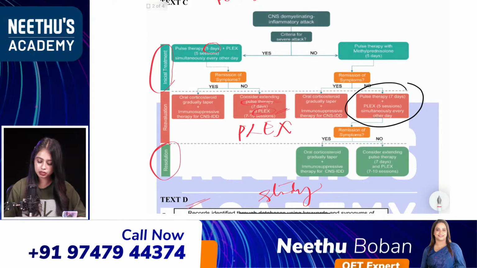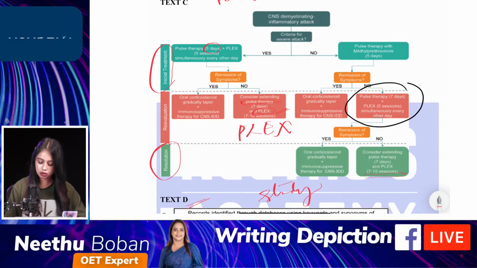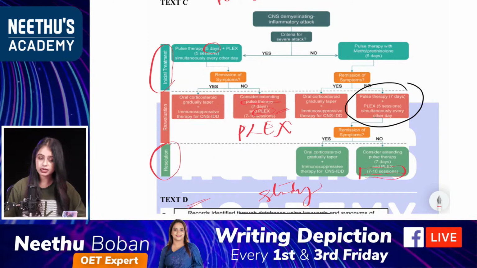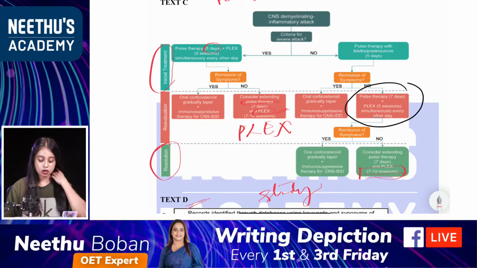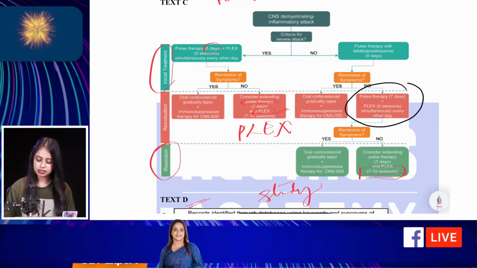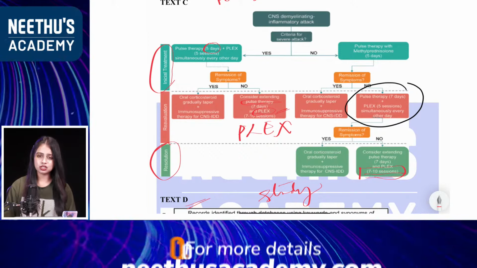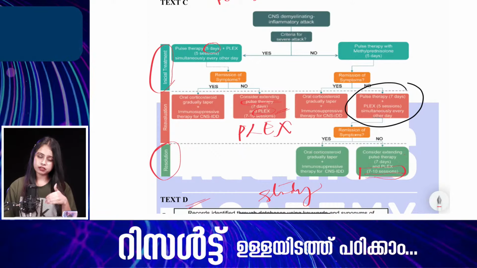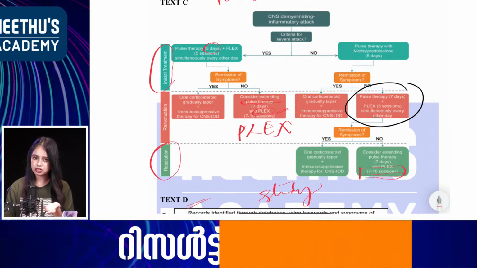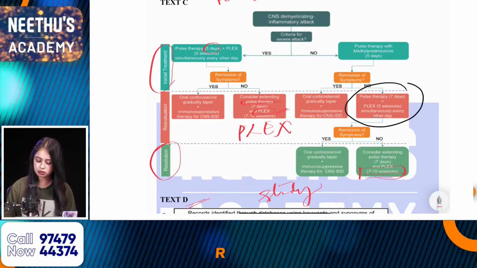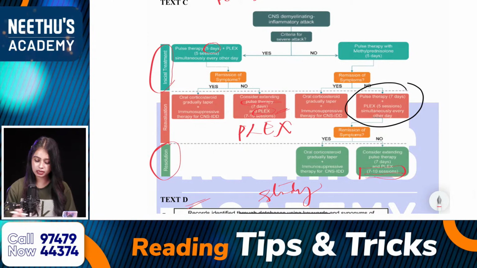So what about the answer? It is 7 to 10 sessions. Not days, dear, it's not 7 days. They are asking about PLEX. If it is about pulse therapy, you can say 7 days, of course that is correct, but this is all about PLEX. So the answer should be 7 to 10 sessions.